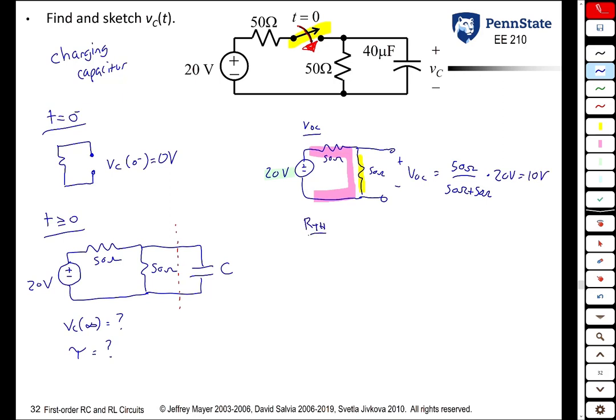Our Thevenin, you remember how you find the Thevenin resistance of a circuit. You turn off all independent sources. Our Thevenin now is a 50 ohm resistor in parallel with another 50 ohm resistor.